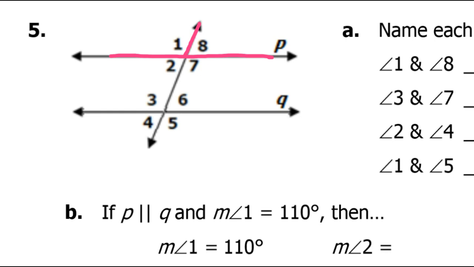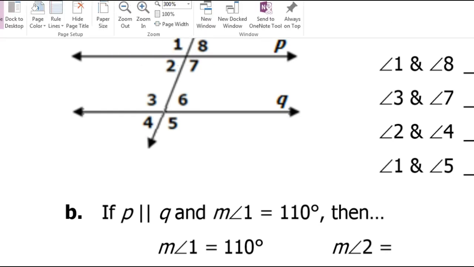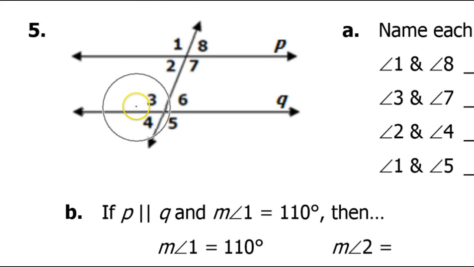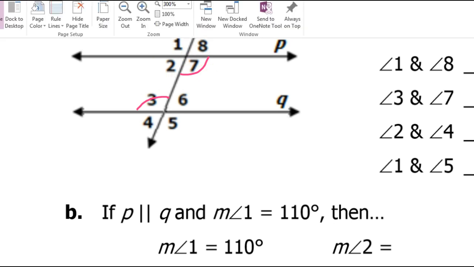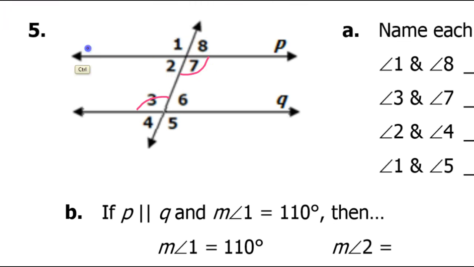Alright, next we have angle 3 and angle 7. So here's angle 3 and here is angle 7. As you look at these, we've got these two lines, P and Q. They're being cut by a third line called a transversal.